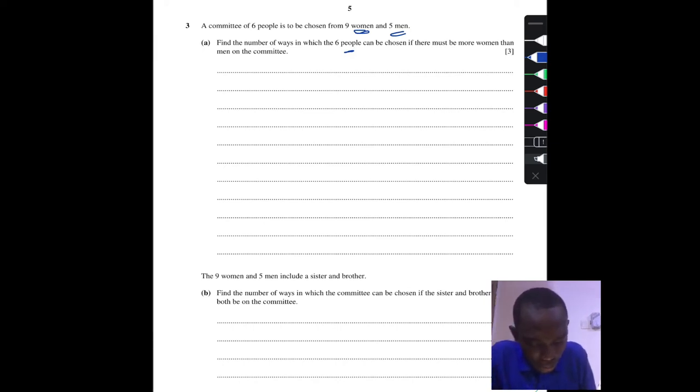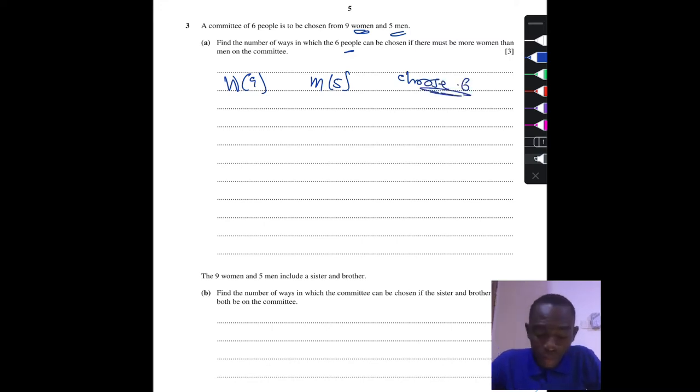So we have women 9, men 5, and we are going to choose 6 people. But the only catch here is more women than men. So the committee can be full of women, no man. So that's 6 women, no man.